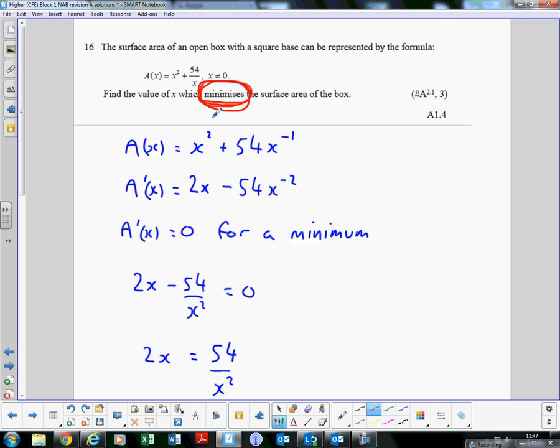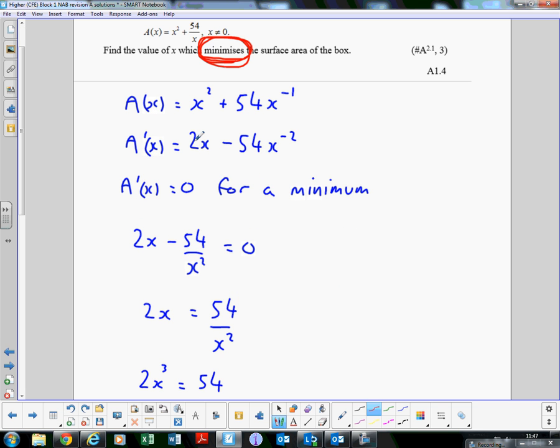Before we differentiate, again, we can't have 54 over x, so we'll bring the x up, so it becomes x squared plus 54x to the power -1. We differentiate, power to the front, reduce the power by 1. Make our statement, very important we make the statement. Set the derivative equal to 0. If we don't set this equal to 0, we will not get a mark for doing so.